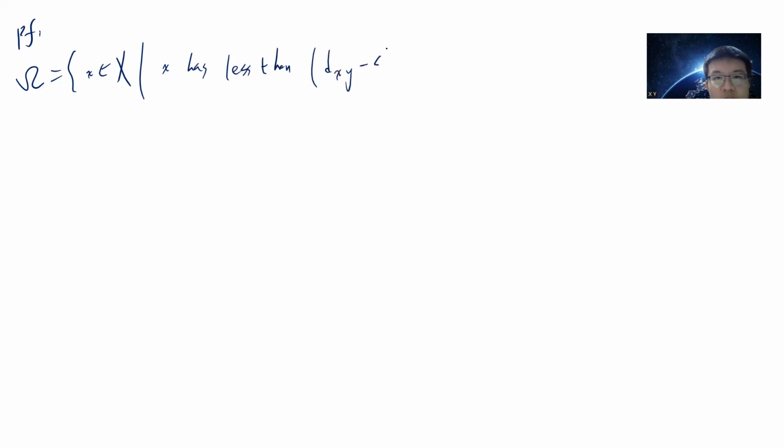Okay, so the proof. The idea is basically using epsilon regularity. We first notice the following. I can define a set omega of those x in X which have fewer than (d_xy minus epsilon) times |Y| neighbors in Y. This is the set of all x which have fewer than this number of neighboring y.